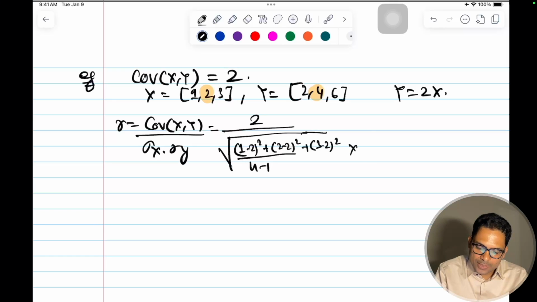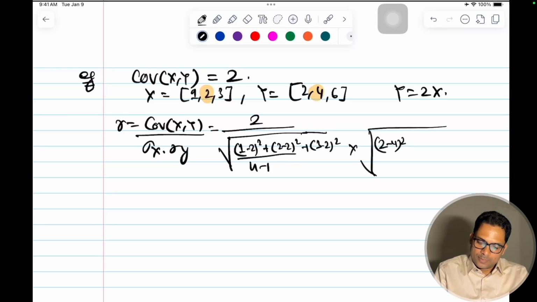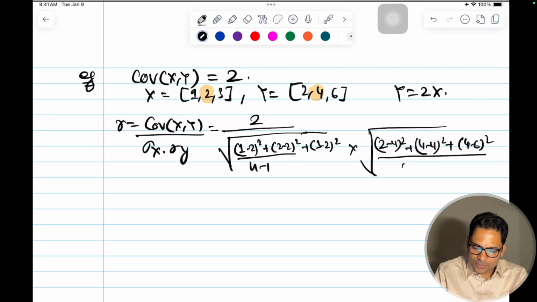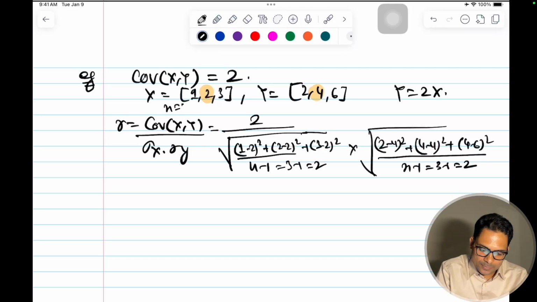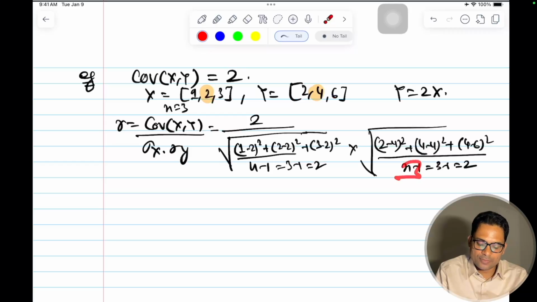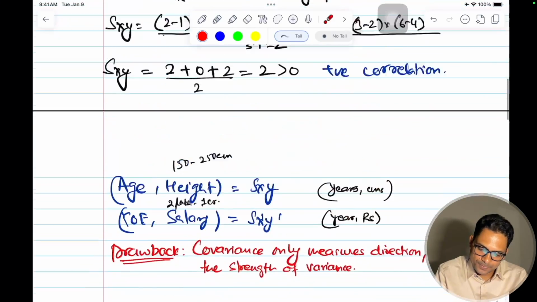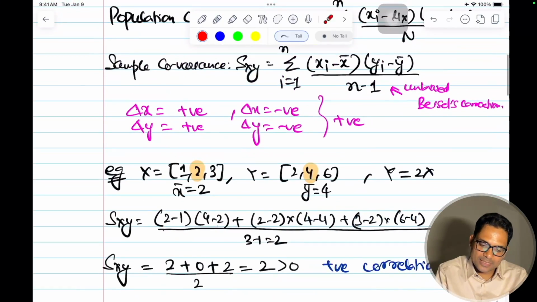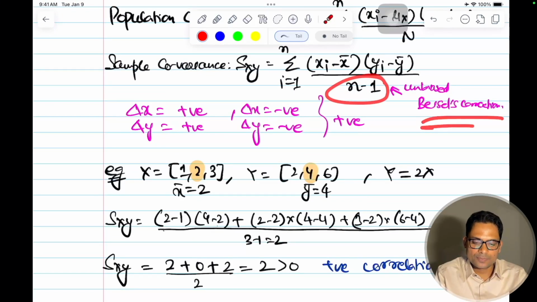And this is my sigma y, the square root of 2 minus 4 whole square plus 4 minus 4 whole square plus 4 minus 6 whole square, divided by n minus 1, that is 3 minus 1, that is 2. We have 3 data points, n is 3 here. So this is the correction factor which we used here also. Unbiased estimate, Bessel's correction, n minus 1.